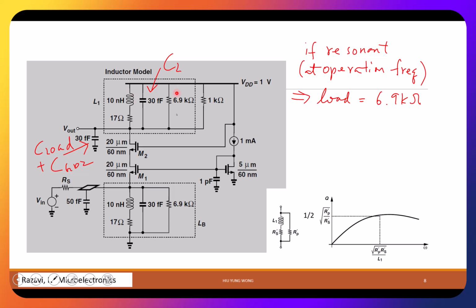Once in resonance, you have 6.9 kilo ohm. What is the gain? We know the gain, you probably forgot the number. It is R1 divided by 2RS, which is 6.9 kilo divided by 2 times 50. What is the gain? It's about 69.